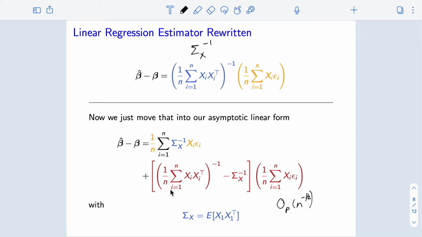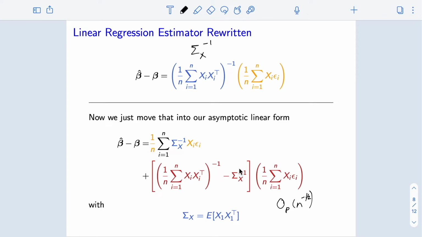Now, this is also an empirical average of IID observations, ignoring this inverse for a second. So this piece converges to sigma x at a rate of n to the negative 1/2. And now, if we apply a continuous and differentiable map to both our empirical average and our limit, we know that that rate of convergence is maintained.